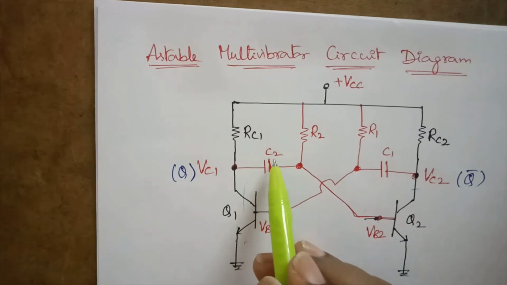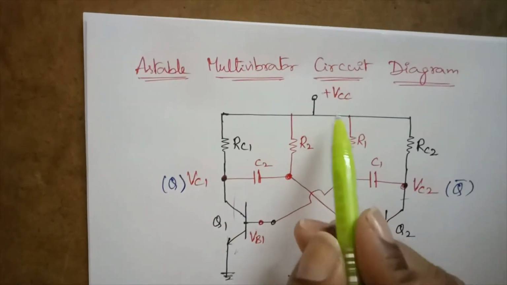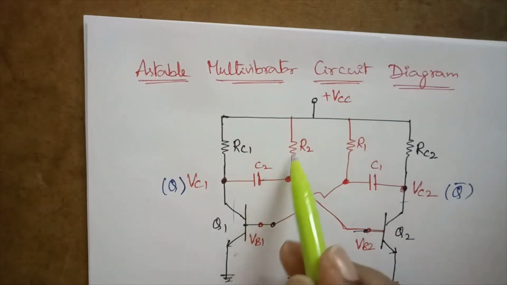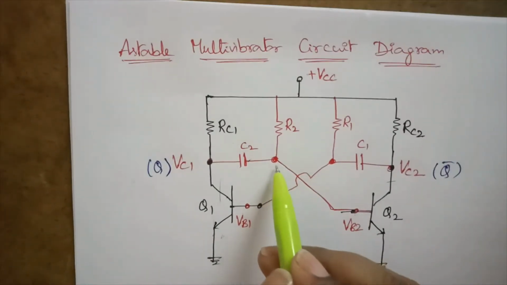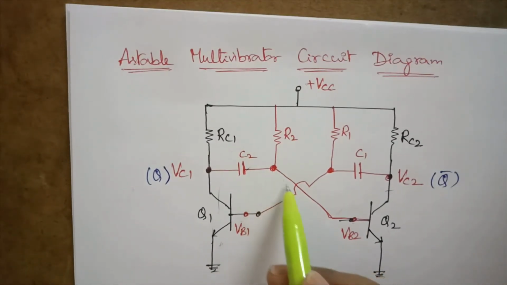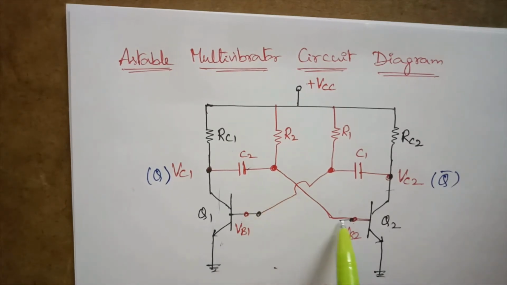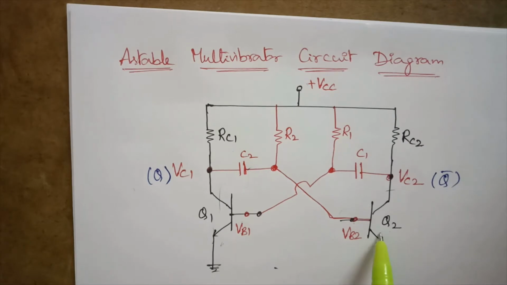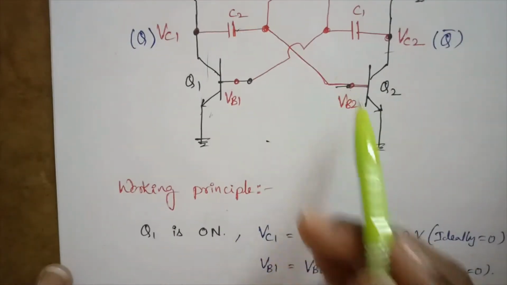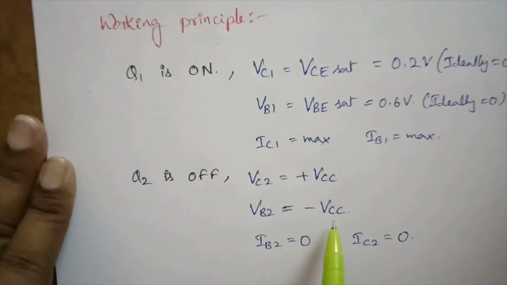This voltage is applied to the base of transistor Q2. Initially the base of transistor Q2 is at minus VCC.